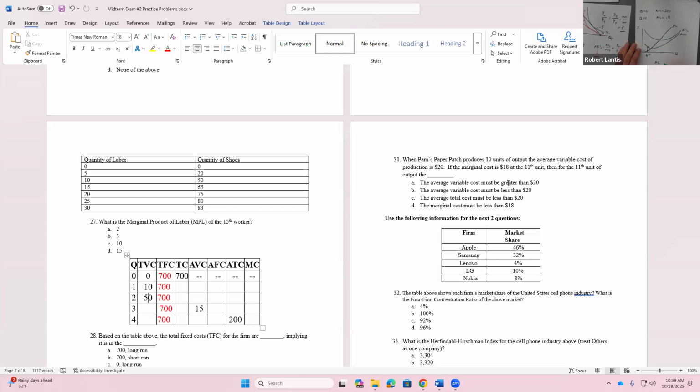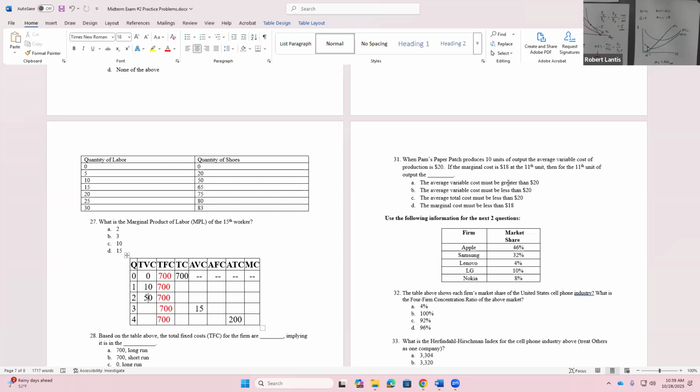So if my marginal cost is below the average variable, what has to be true about my new average variable cost? I always phrase this in terms of a grade. If you've currently got a 70 in the class and you get a 60 on the next exam, your grade is going to be lower.